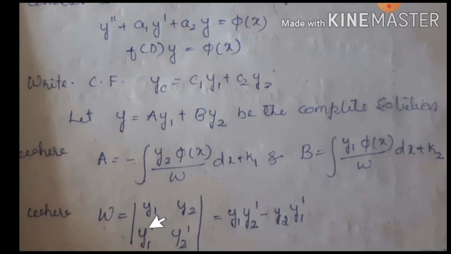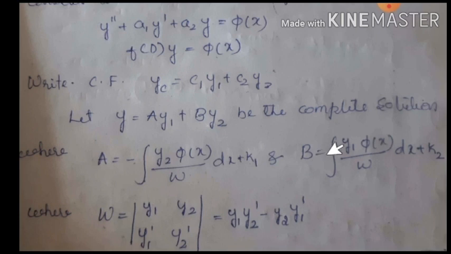In the second row, write the derivatives y1 dash and y2 dash. When you simplify the determinant, you get y1 y2 dash minus y2 y1 dash. While solving the problem, we write W in this form: y1 y2 dash minus y2 y1 dash.